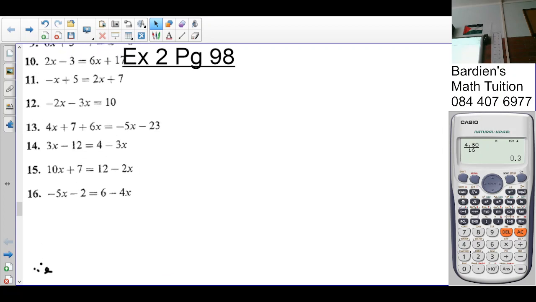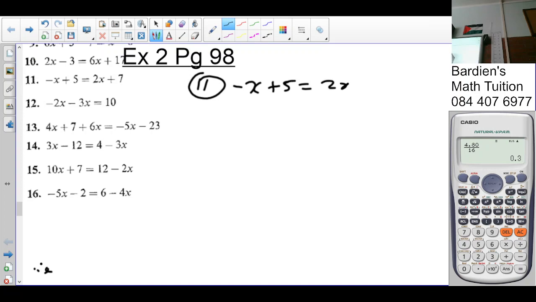Look at number 11. Miss Ori, what's your answer to number 11? 2 over 3. Who got 2 over 3? Okay, let's hear from you, Michael. What did you write?